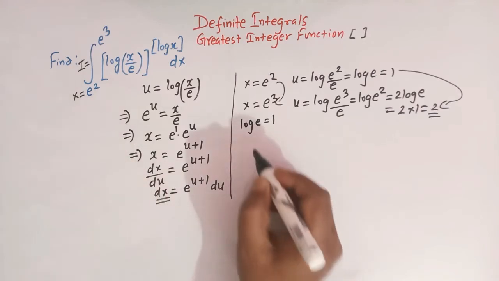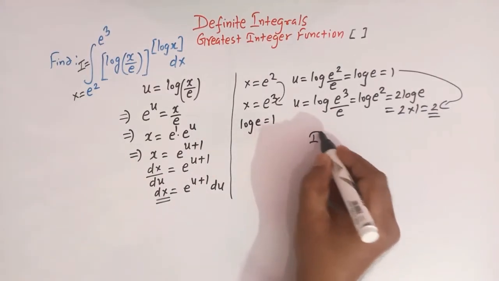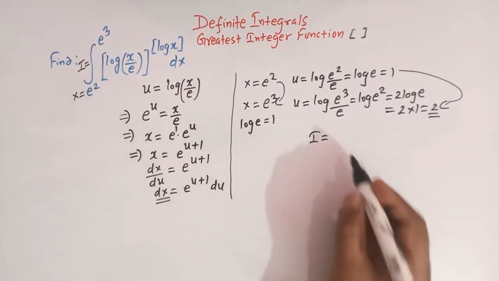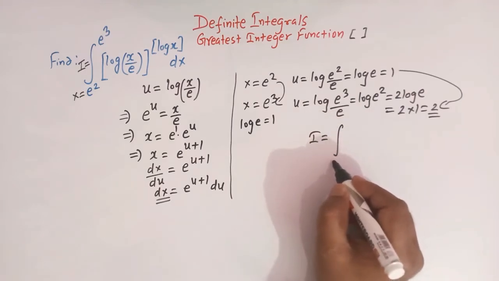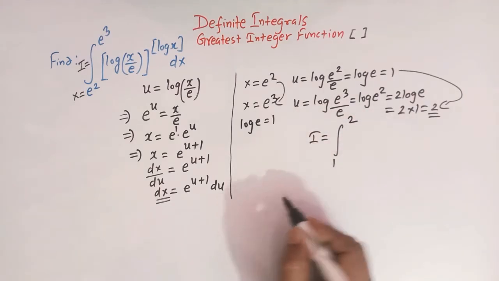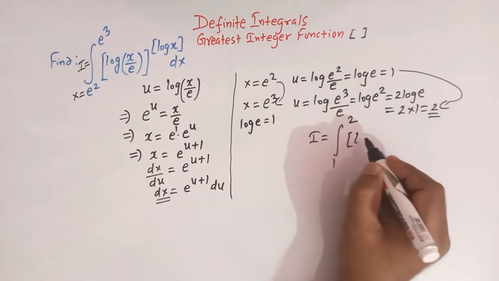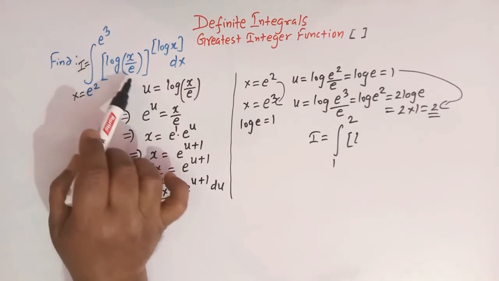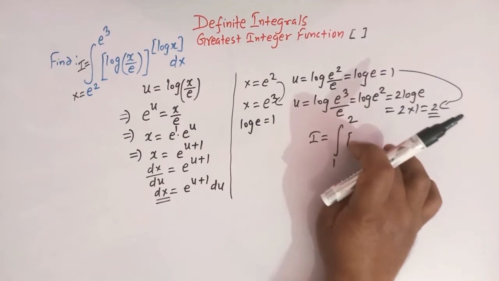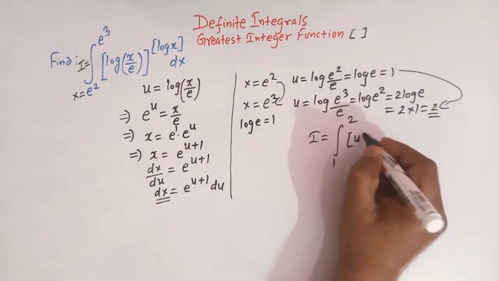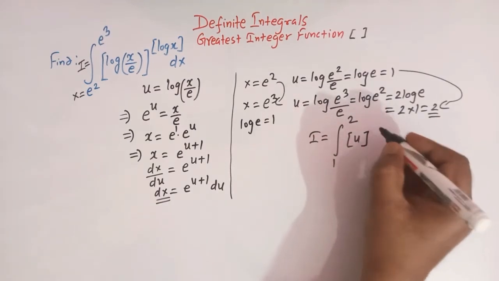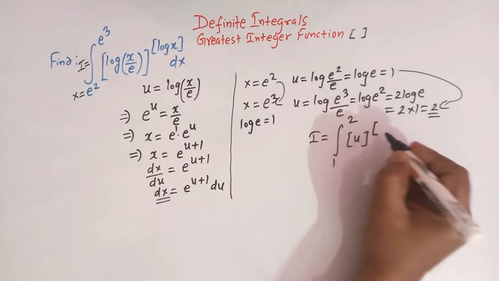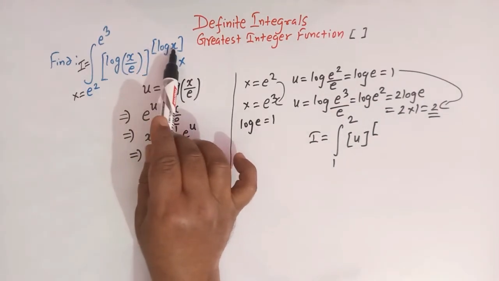Now our integral I can be written as the integral from 1 to 2 of the greatest integer of u, since log of x over e is u, to the power log of x.